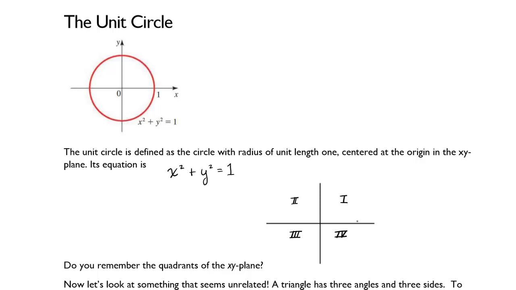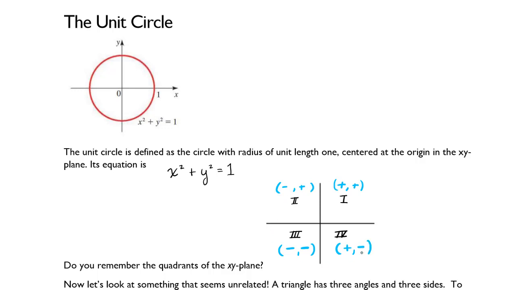If we were to look at the signs for these quadrants, respectively, we would have positive, positive in the first quadrant, negative, positive in the second quadrant, negative, negative in the third quadrant, and positive, negative in the fourth quadrant.